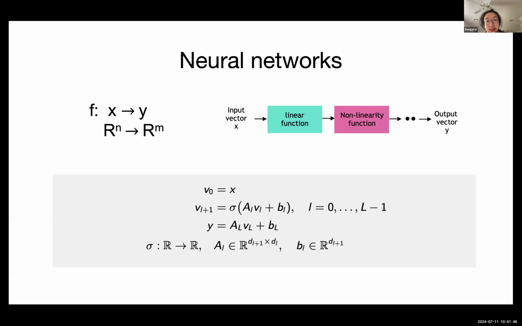Usually we consider a standard feed-forward neural network, also called a multi-layer perceptron, as a stacking of linear layers with activation functions. The linear layer is just matrix-vector multiplication, and activation functions are ReLU or GELU or some simple pointwise nonlinearity.